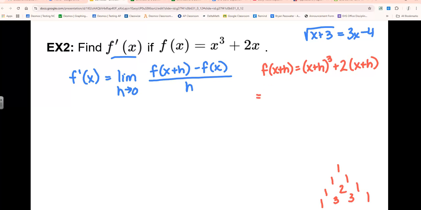So when we're expanding this, I'm going to have 1, 3, 3, 1. You're going to have x to the third, x squared, x to the first power, and then no x at all with the last one. You're going to go in ascending order with your h's: no h's at all, just a single h, an h squared, and an h cubed. And it's going to be plus signs between all of those.